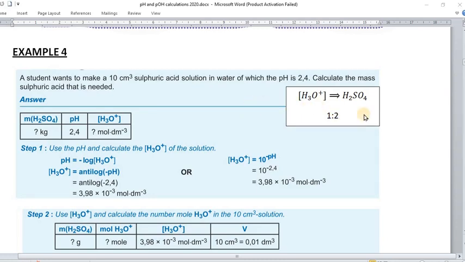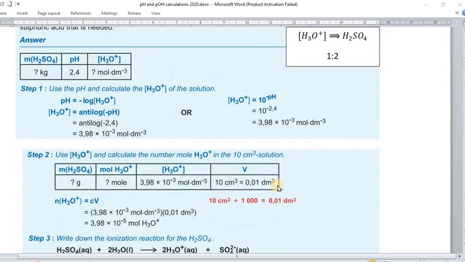Right. So in this case, you are working your way from the hydronium to this. So you establish your formula. Using this, you are getting the concentration of the hydronium ion to be this. Having done this, here in this one, it went ahead to calculate the number of moles of the hydronium ion.